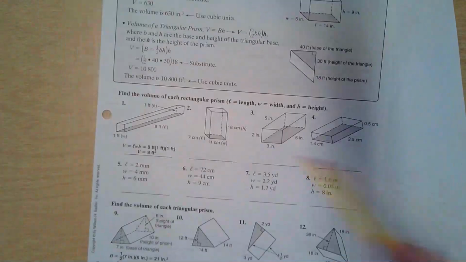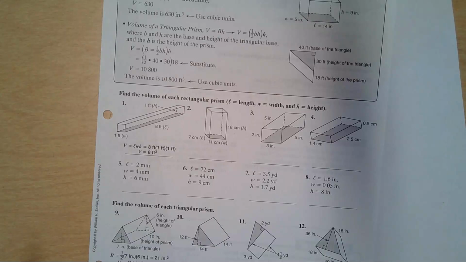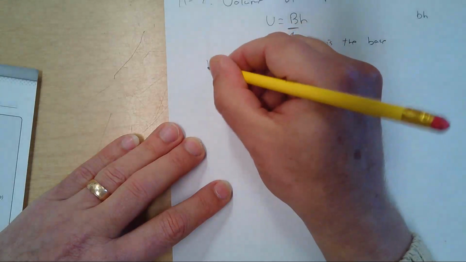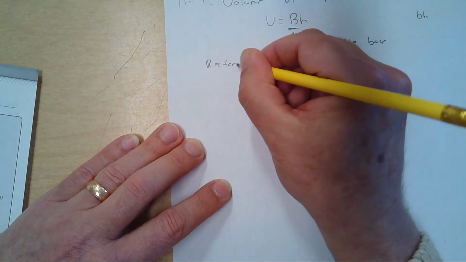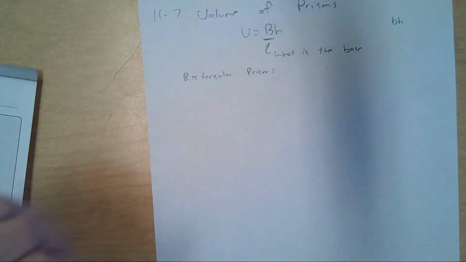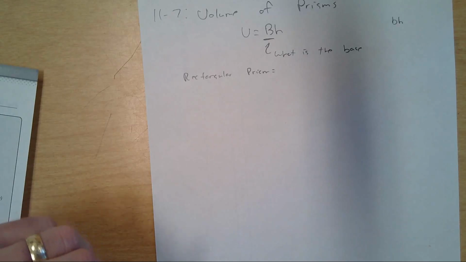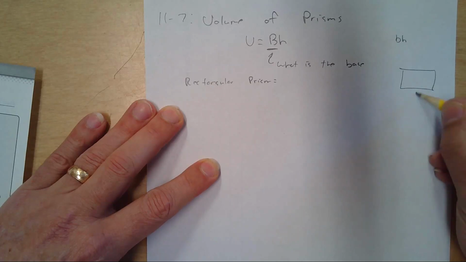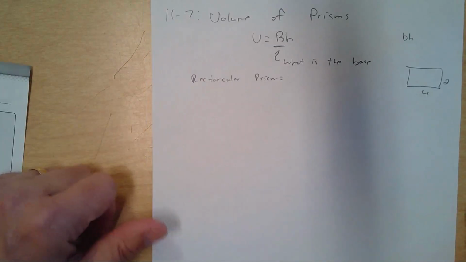Rectangular prisms will have a rectangular base. So if I say a rectangular prism, what's the formula to find the area of a rectangle? 2 times L times W? No, just a two-dimensional rectangle. If I said find the area of that, what is it? Like 4 times 2.